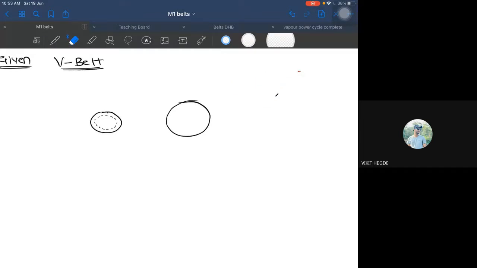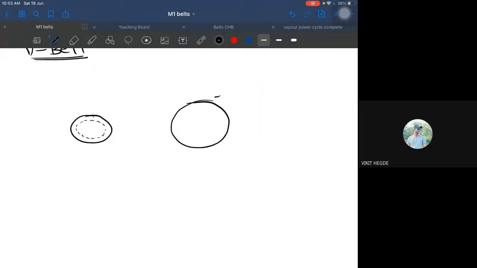Just a minute, I'll try to draw a diagram neatly so that you can understand it. Okay, so this is how it is. Now, on this particular arrangement, a belt is attached, which is V in nature, which runs something like this.